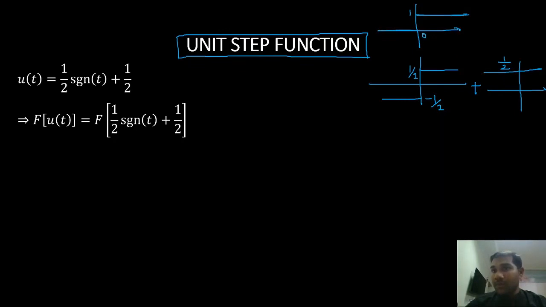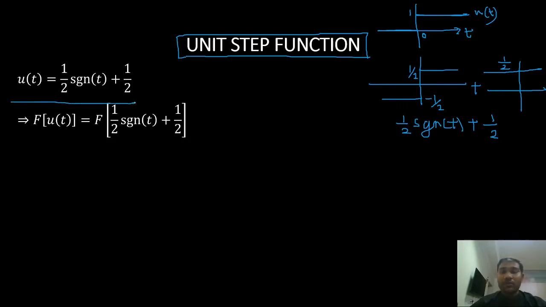So it is nothing but a unit step signal. This is my unit step signal, this is my half signum function, signum of t, and this is a constant function half. So unit step function u of t is nothing but half into signum function of t plus 1 by 2.